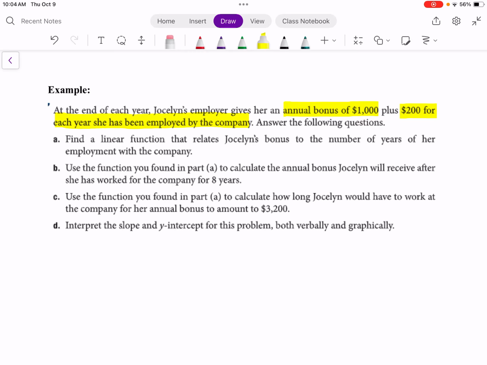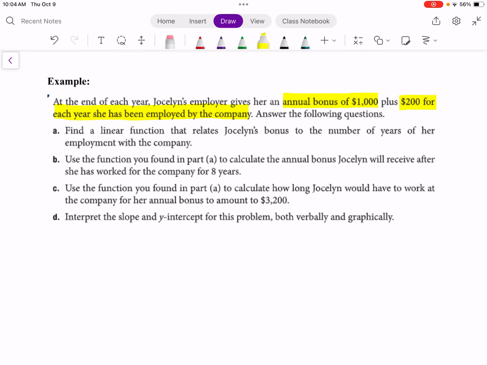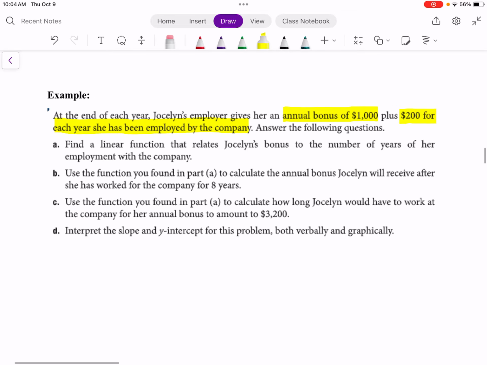Now here we are asked to find a linear function that relates Jocelyn's bonus to the number of years of her employment with the company. So we have to find a linear function. When we need a function, what do we need? We need an input and an output.